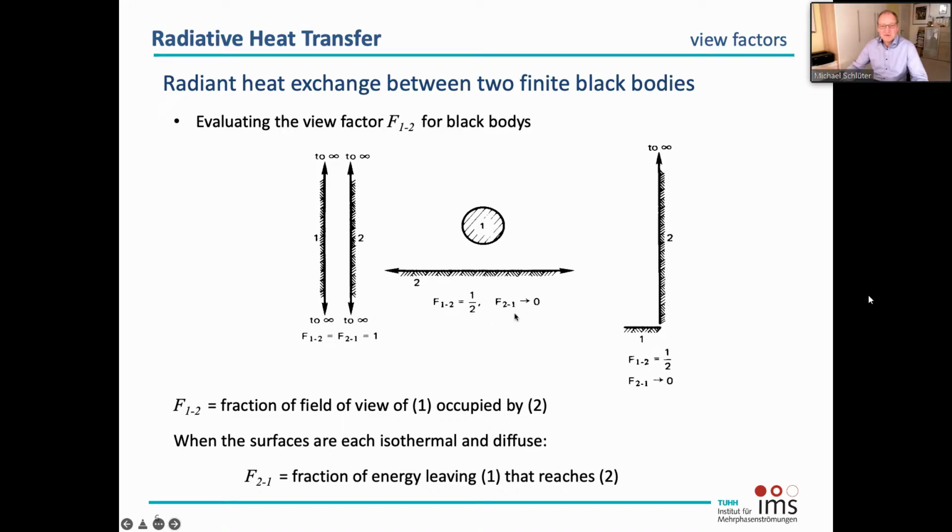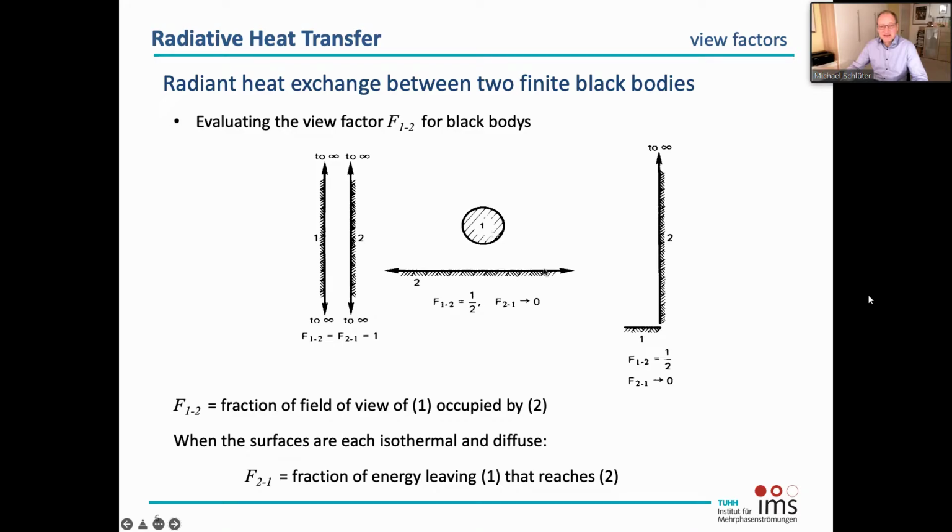On the other hand, if we look for the view factor 2,1, then we are on surface 2 and looking to surface 1. And here, if we look in this direction, we will see nearly everywhere nothing. And only in this very tiny part of the hemisphere we are looking to, we see the sphere.